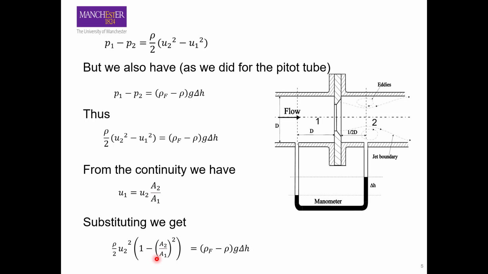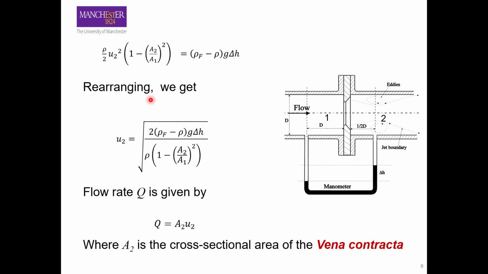Okay, and then we again try to rearrange this equation and write it in the form of u2. So u2, that is the velocity at the vena contracta, that is the maximum velocity here in the pipe, is equal to the square root of 2 times the difference of densities times g delta h over rho 1 times (1 minus A2 squared over A1 squared).